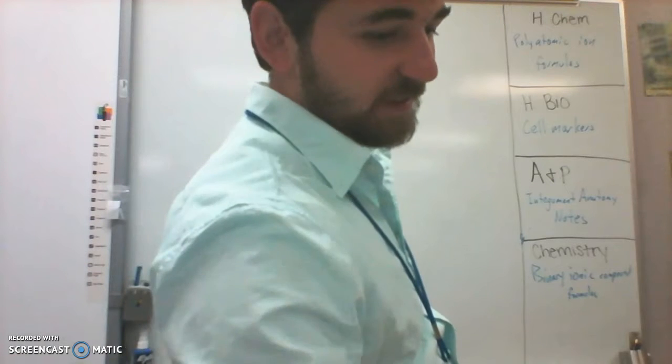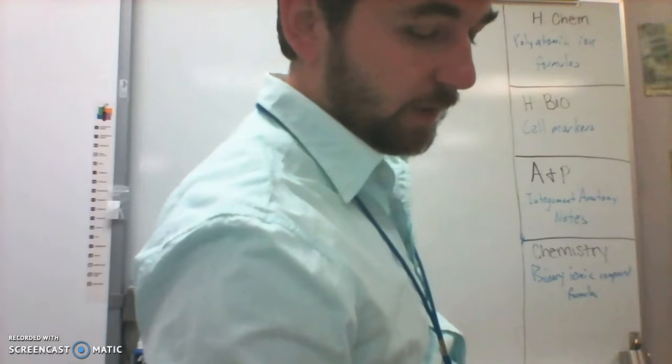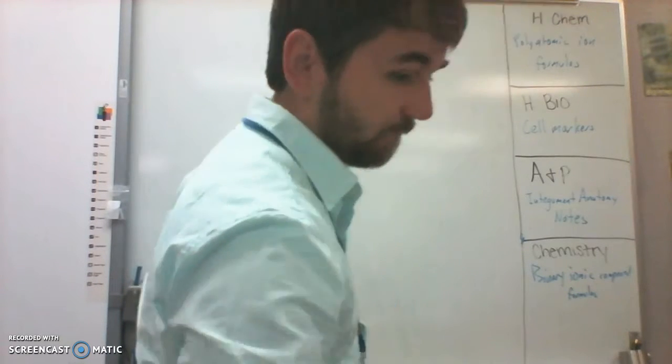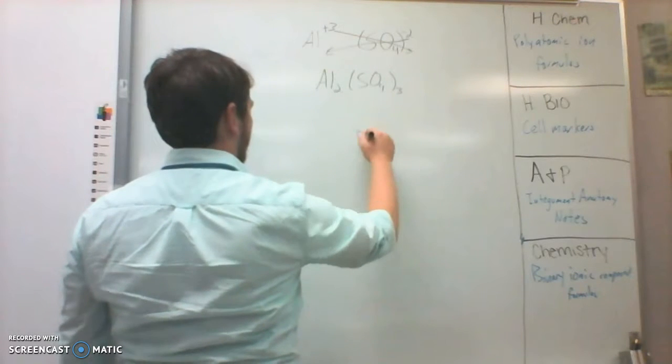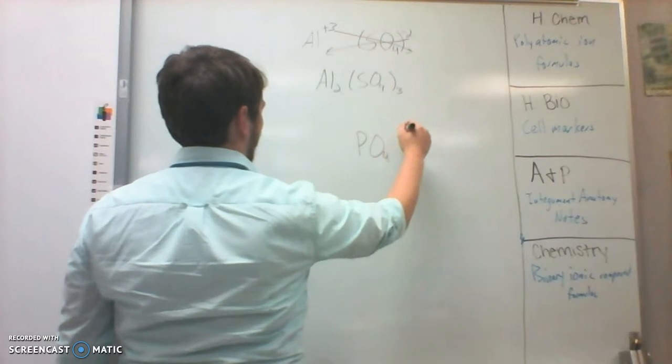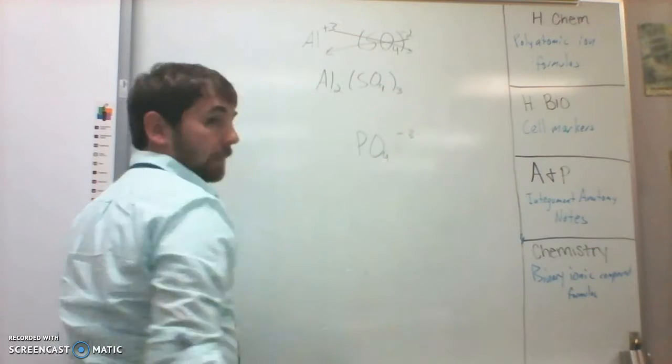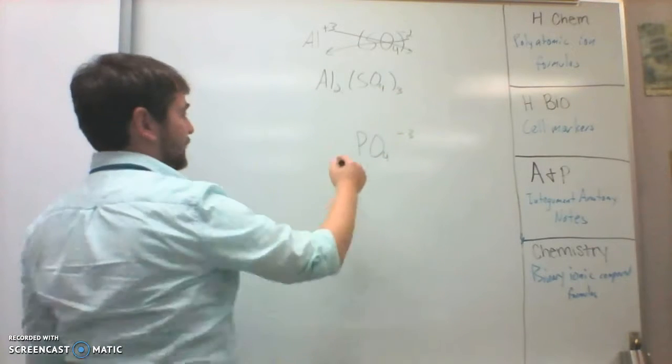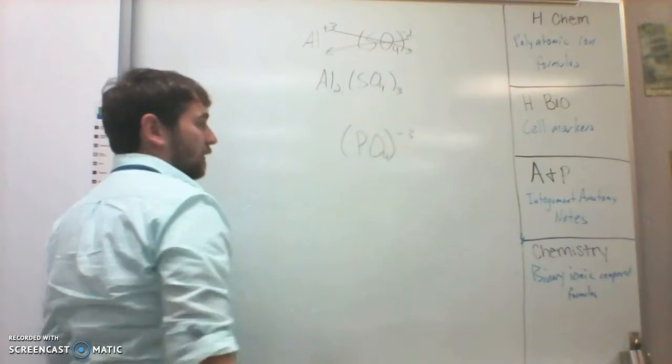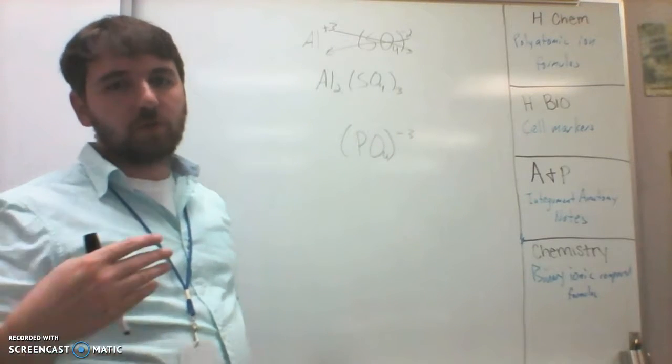So for instance, let's say that we're working with phosphate. Phosphate is PO4 with a charge of -3. Let's go ahead and put that in parentheses. This time, let's say we're talking about sodium phosphate.